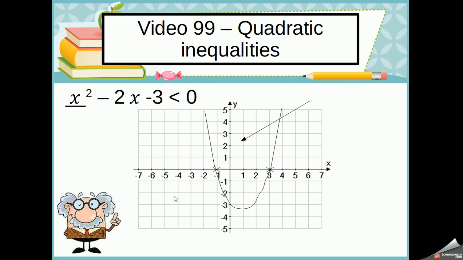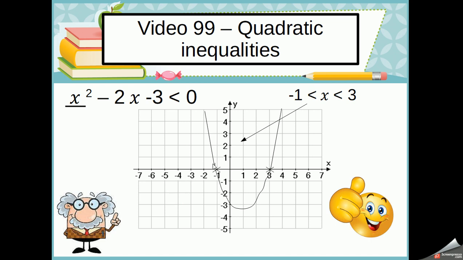But I can still create an inequality, because in that case x is going to be greater than the minus 1 but less than the 3. So if the equation is less than 0, then x is going to be greater than the lowest point and less than the higher point that we found out when factorizing.